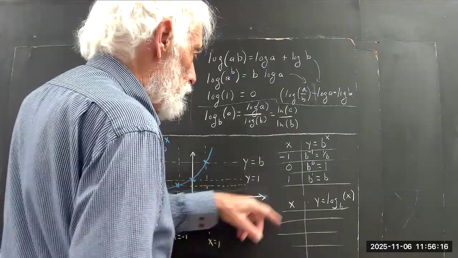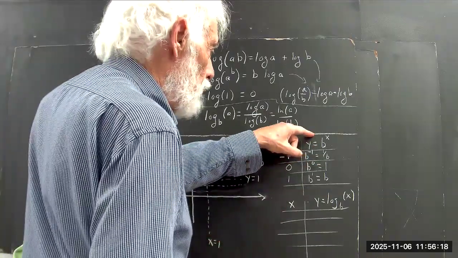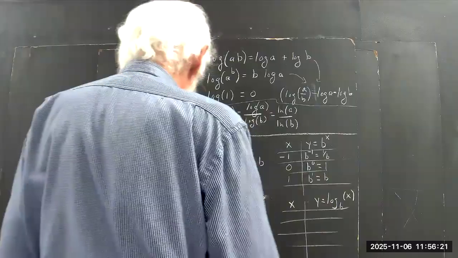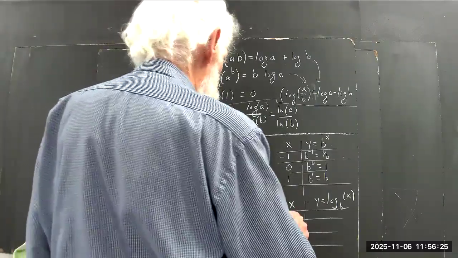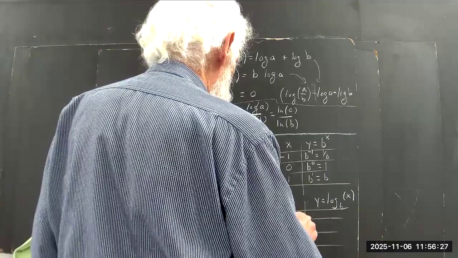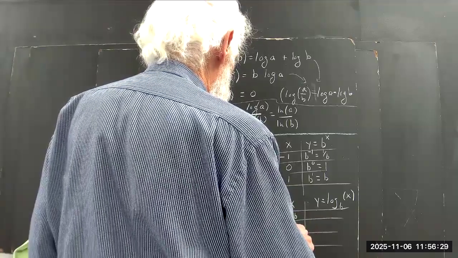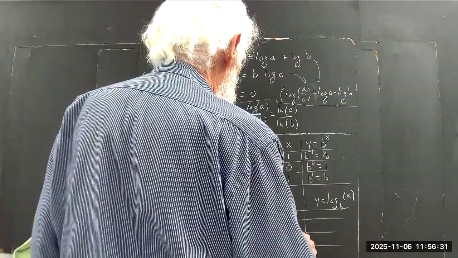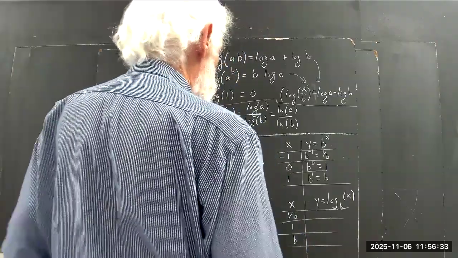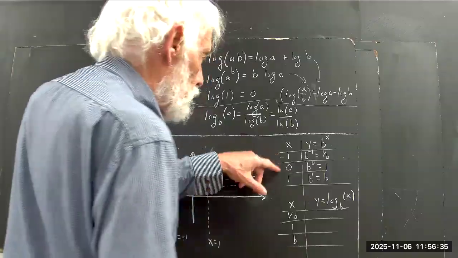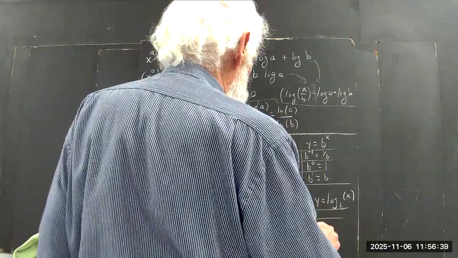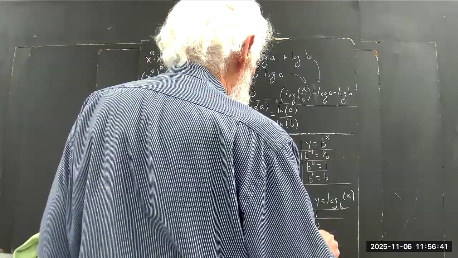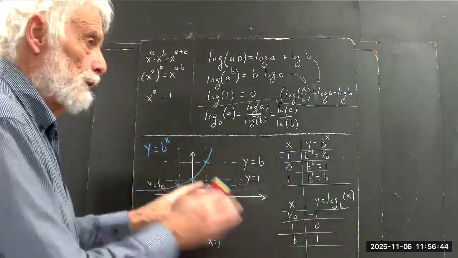So in this table, the x values will be the y values from the previous table: 1 over b, 1, and b. And the corresponding y values will be the x values from the previous table: -1, 0, 1. So we've just swapped x and y values.